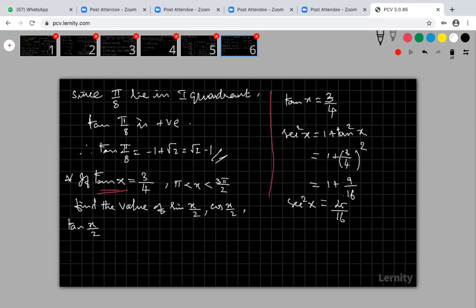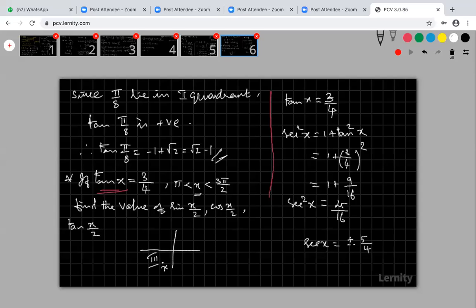Okay. So your secant x is equal to plus or minus 5 by 4. But look at that, my x lies in the third quadrant, right? Please try to understand, my x lies in the third quadrant. Here only x is there. X lies in the third quadrant means, what about your secant x?